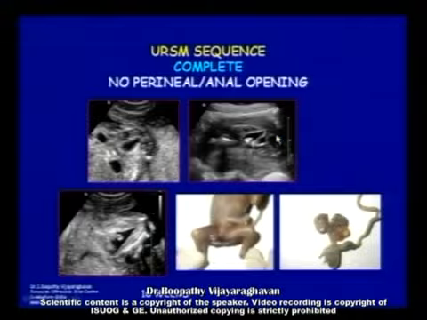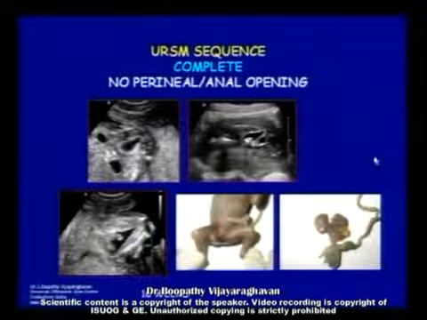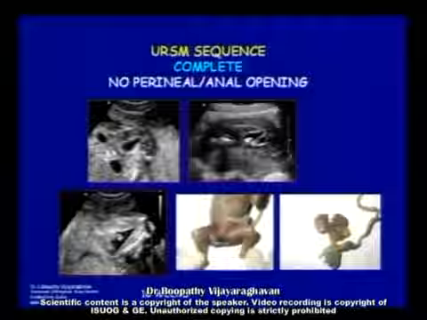There was oligohydramnios, but we still managed to see the perineum, and there is no anal opening. Anus was not seen. So this is URSM sequence, and at autopsy there was no perineal opening. It was a complete URSM sequence.